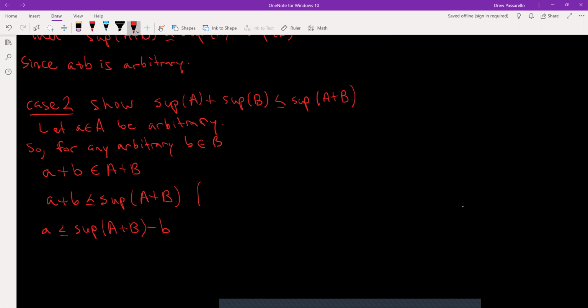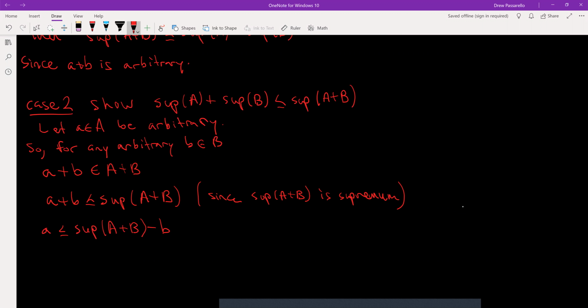Okay, and this is since this is the supremum. We rearranged it just by subtracting b.